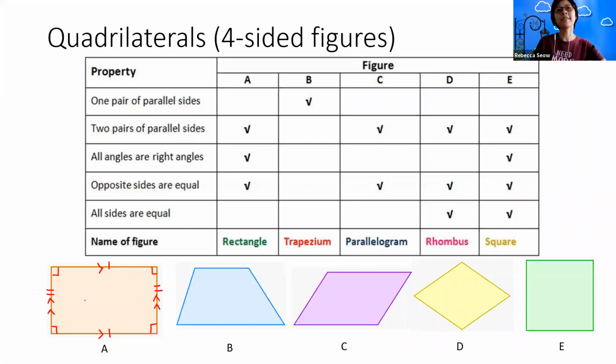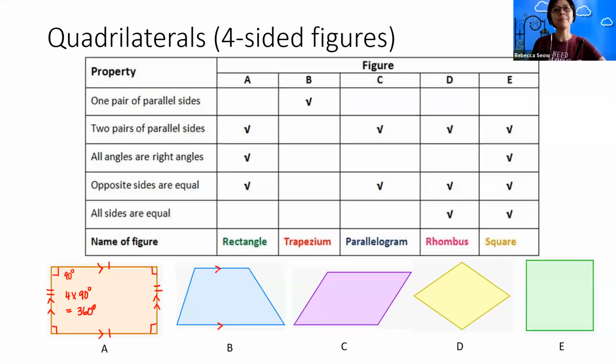Of course, we can find the sum of all angles in a rectangle. If one angle is 90 degrees and all four angles are equal, that means the total angle is 360 degrees. And this actually applies across all quadrilaterals, regardless of how it's been drawn. Now next, we'll take a look at figure B. Figure B is a trapezium, and a trapezium consists of one pair of parallel sides.